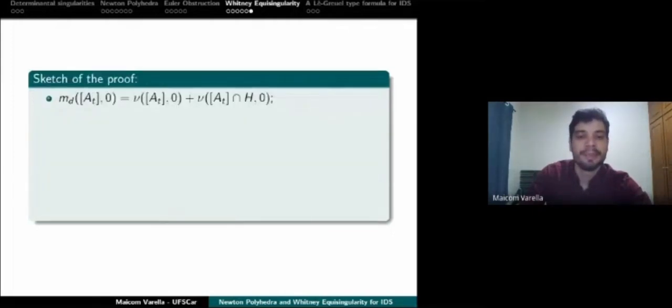Well, the proof is basically the next steps. Firstly, we note that since delta tilde is bounded and satisfies that inequality, and the leading coefficients of A_t are in strong general position, then A_t is smooth outside the origin. That is, an IDS satisfying this condition has only the singularity at the origin, and this family is a good family.